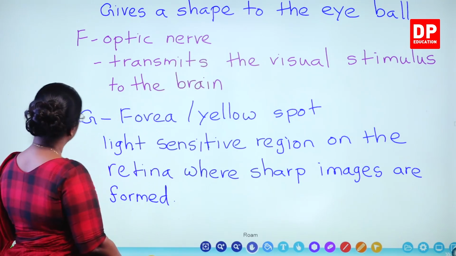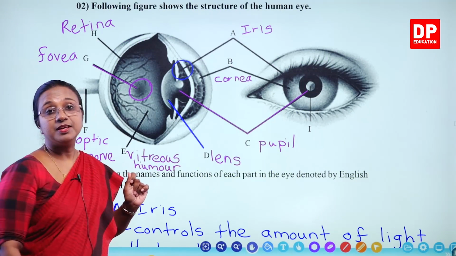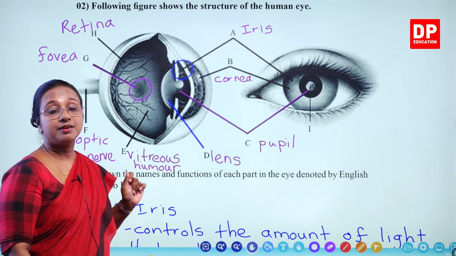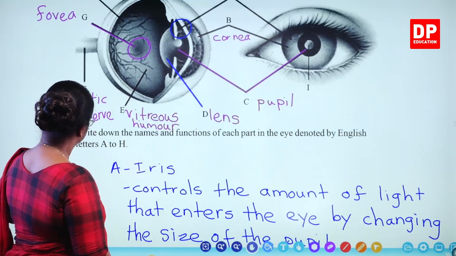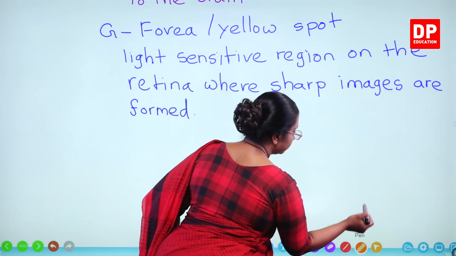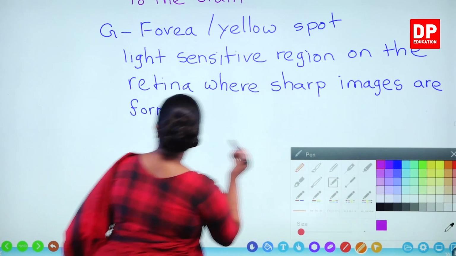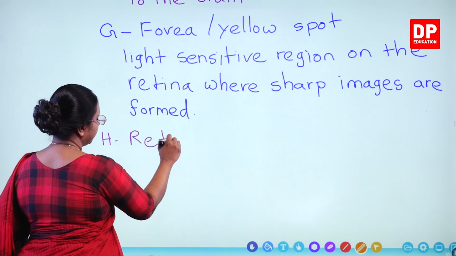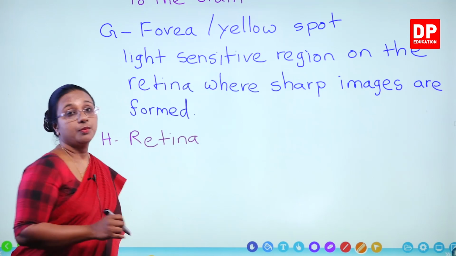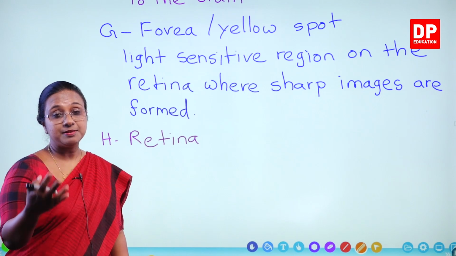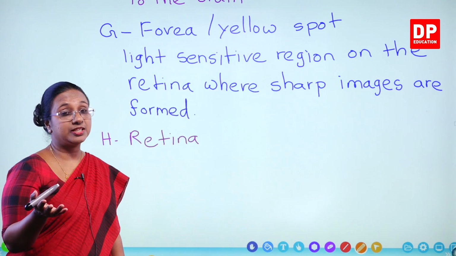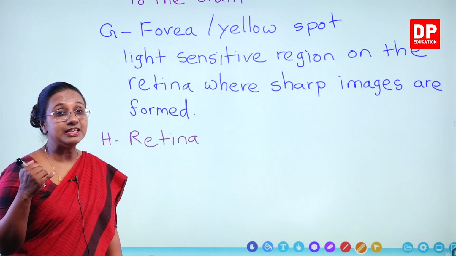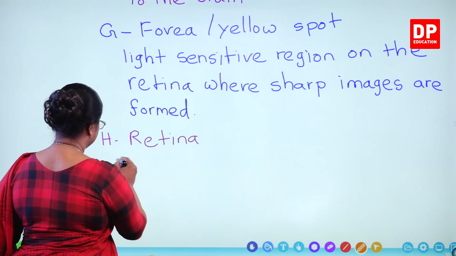Then after that, we have H, that is retina. What happens in the retina? The image is formed on the retina, so it contains the light sensitive rod cells and cone cells.